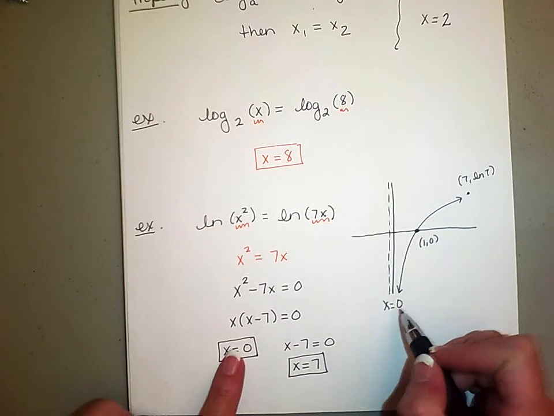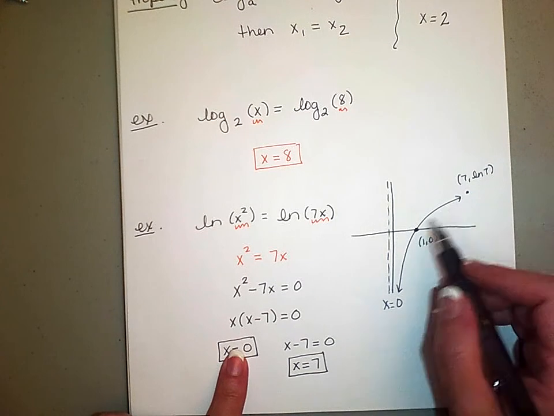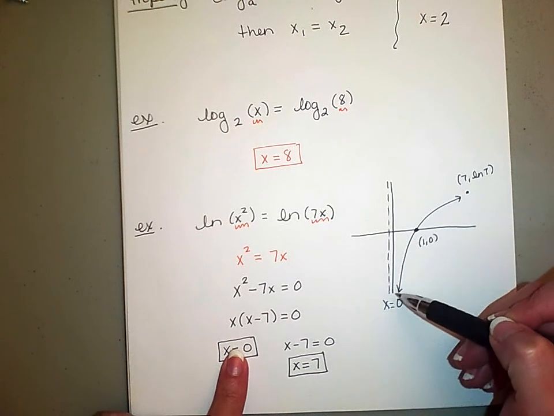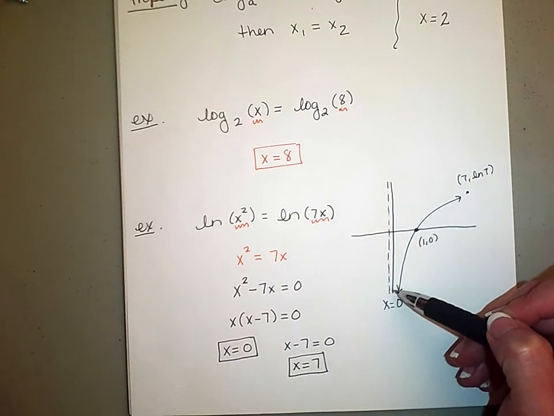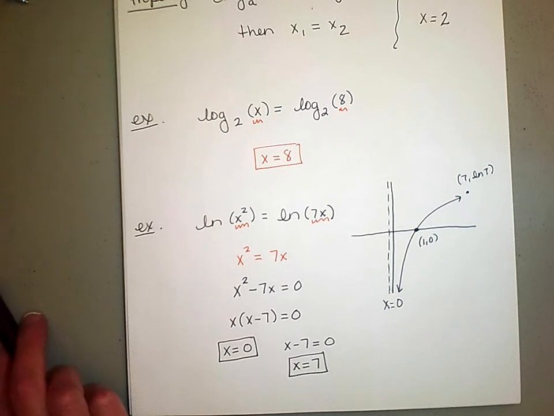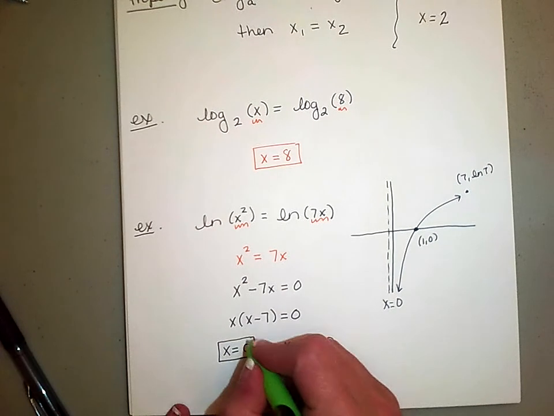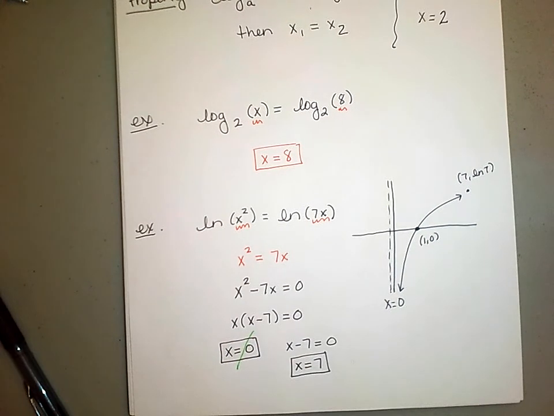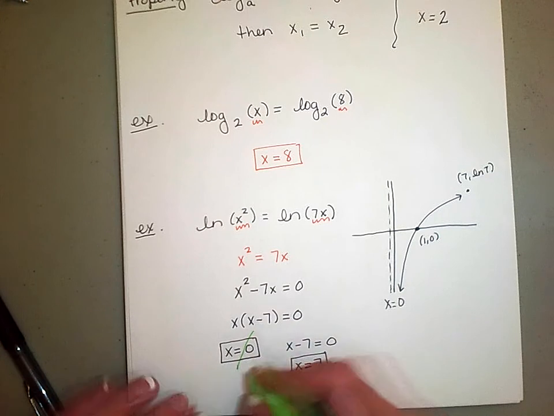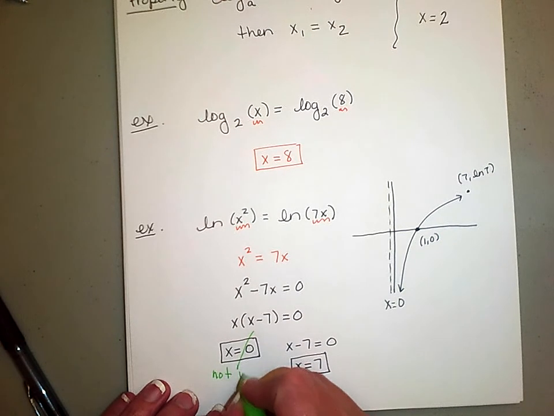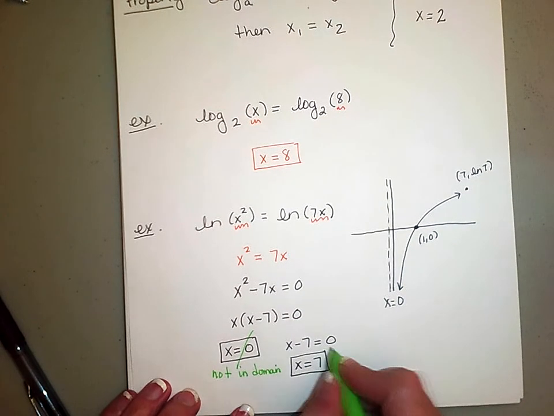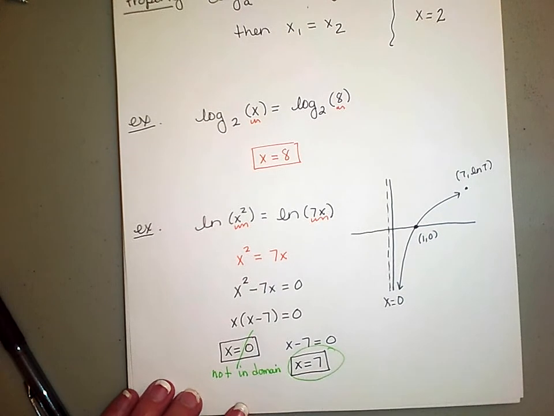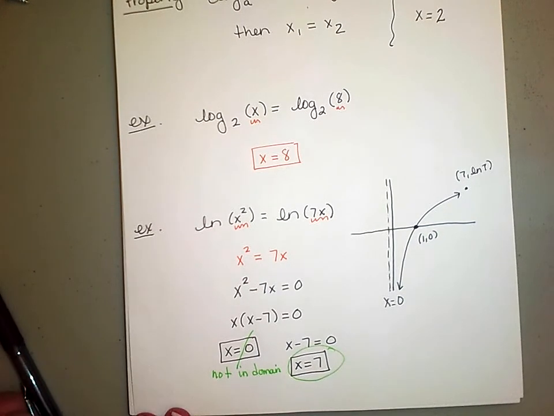However, if I try and put x equals 0 into the natural log, I find that it lies in the vertical asymptote, and so this is actually an extraneous solution. This is not in the domain. So it turns out we really only have one solution where x is equal to 7.